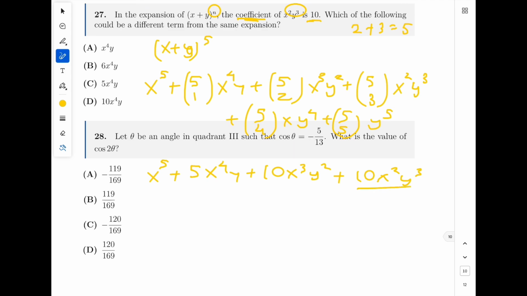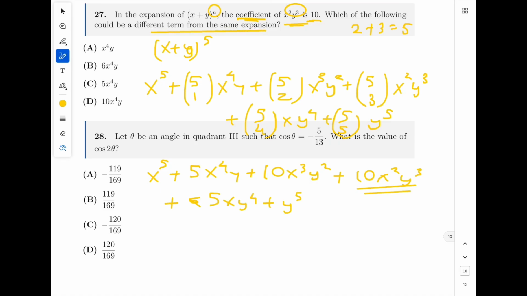Again, to reconfirm, 10x square y cube, and the coefficient of x square y cube is 10. So this plus 5x y^4 plus y^5.